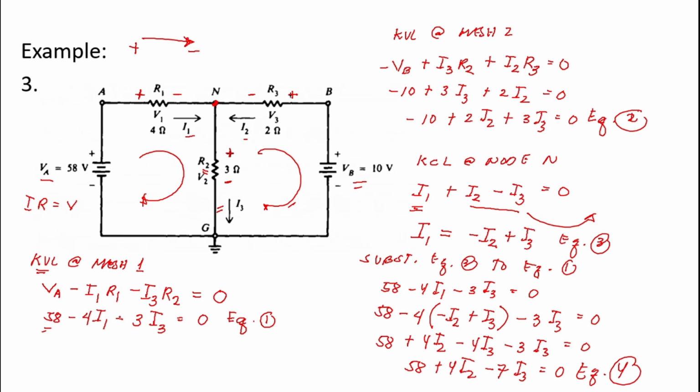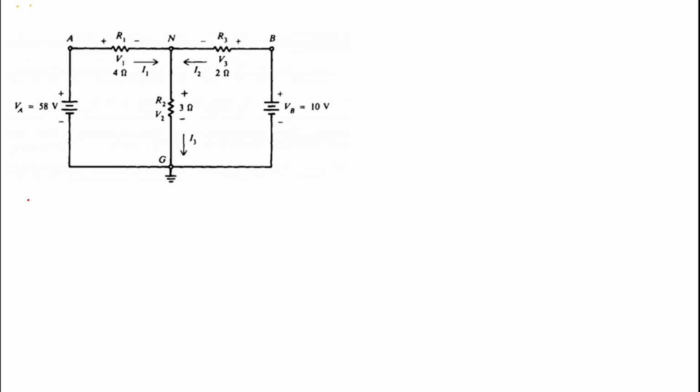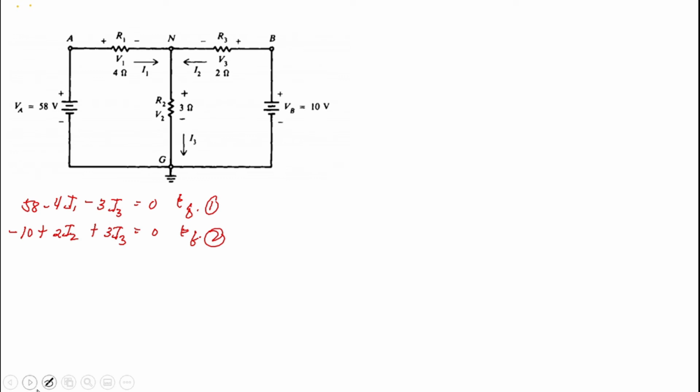Okay? Substitute natin. Now, equation number 1 is 58 minus 4 I1 minus 3 I3 is equals to 0. So, this is equation number 1. And then, equation number 2 is equals to negative 10 plus 2 I2 plus 3 I3 is equals to 0. Then, this is equation number 2. For equation number 3, nag-substitute ka ngayon.